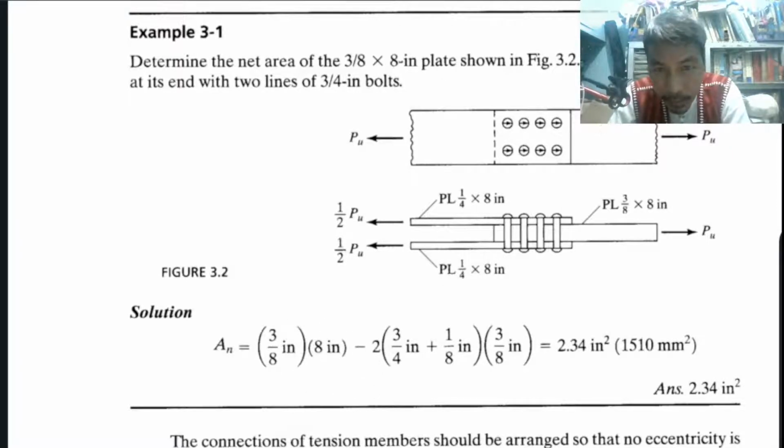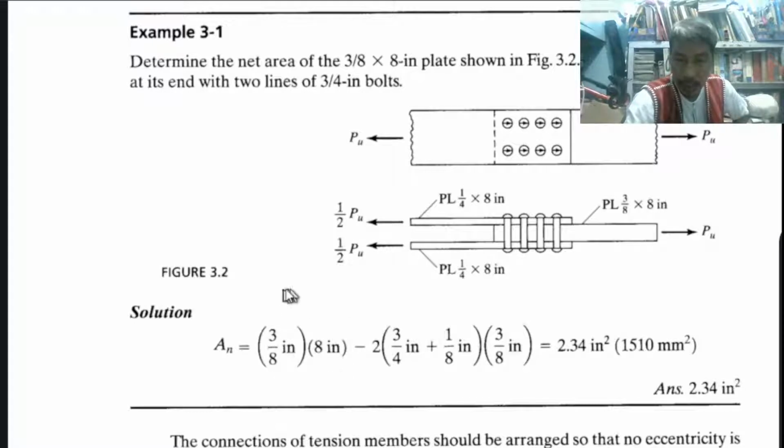Thickness times width, that is the gross area. Actually, that is the gross cross-sectional area. If you cut this off here, you will see 8 inch and 3/8 inch. So if you multiply, that is the gross area.